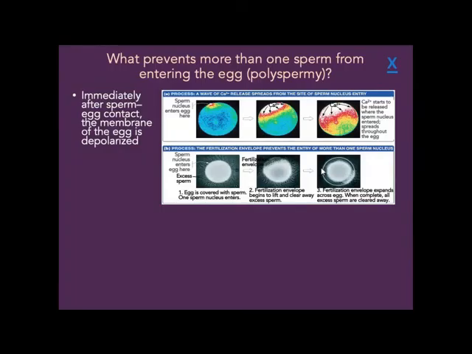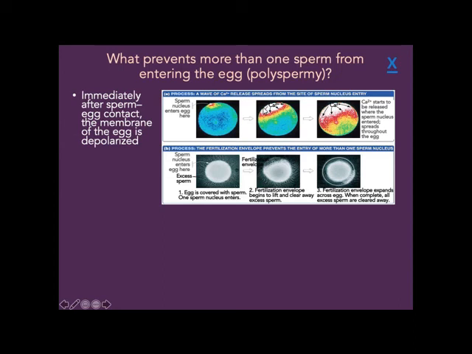All right, so what prevents more than one sperm from entering the egg? Meaning, what prevents polyspermy? Well, we can look here and see a sperm nucleus that has just entered an egg. So it got all the way through the fertilization process, and it's just dumped its nucleus into this egg, okay? Immediately after sperm-egg contact, the membrane of the egg is depolarized.